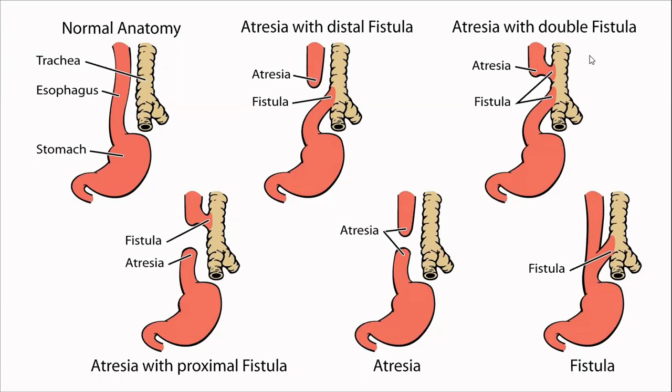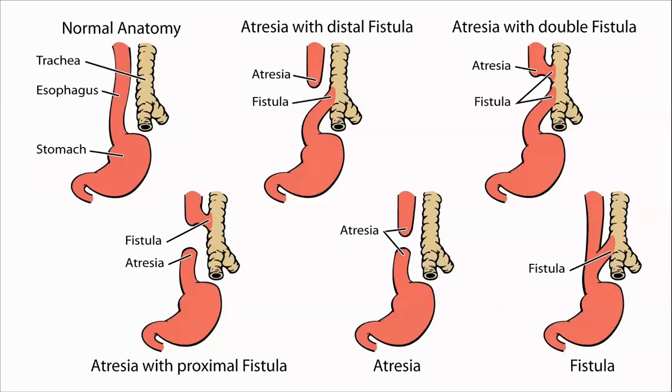Here we can say atresia with double fistula, both parts connected to the trachea, and this is called fistula and atresia with proximal fistula. This is only atresia, no fistula, and here fistula.